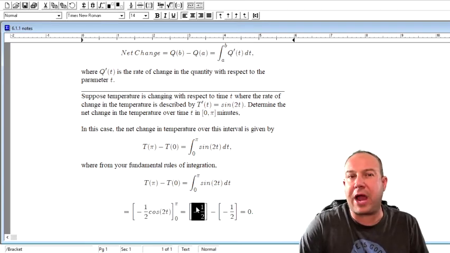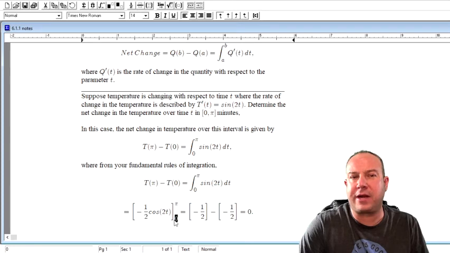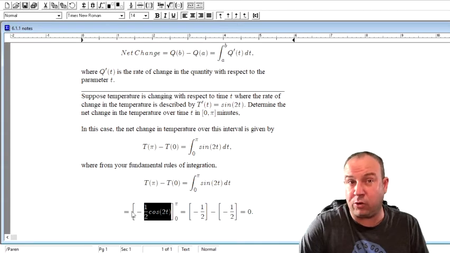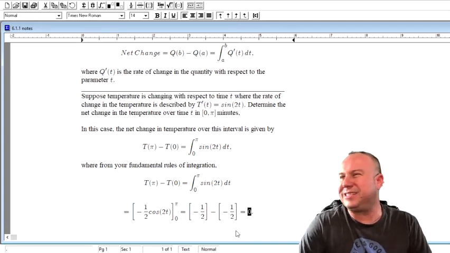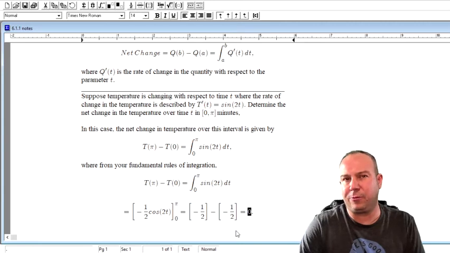And we subtract from that what we get when we evaluate this quantity at 0. At 0, that's the cosine of 0, which is 1 again. 1 times negative 1/2 is, again, negative 1/2. So this is negative 1/2 minus negative 1/2, which equates to 0 in value.